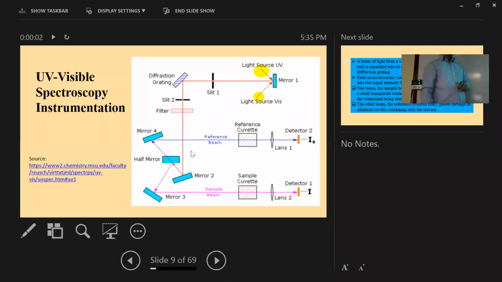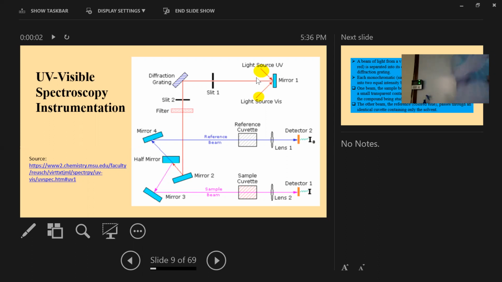First thing first, we have a light source. Here you can see our light source, either this side or this side, because this is UV visible spectrophotometry, UV and visible. So we have a light source for UV and a light source for visible.